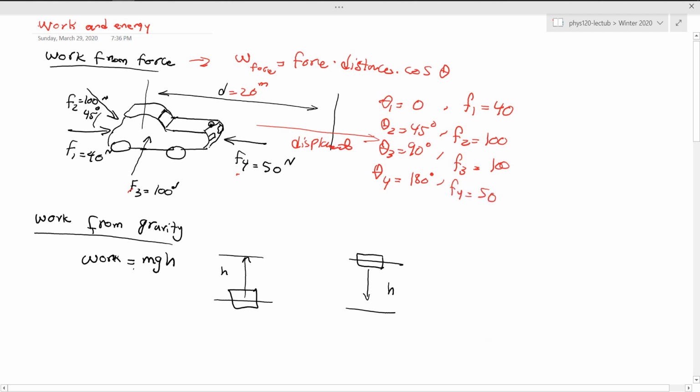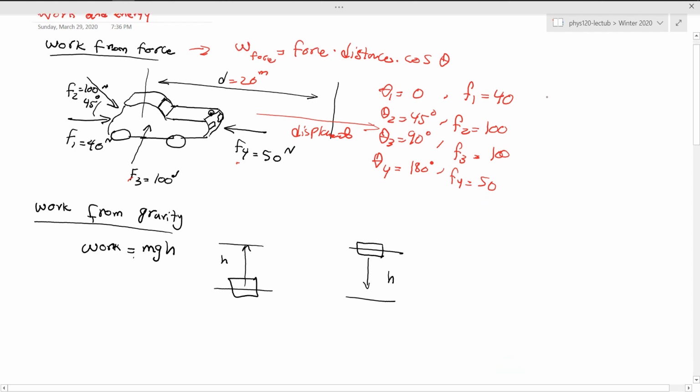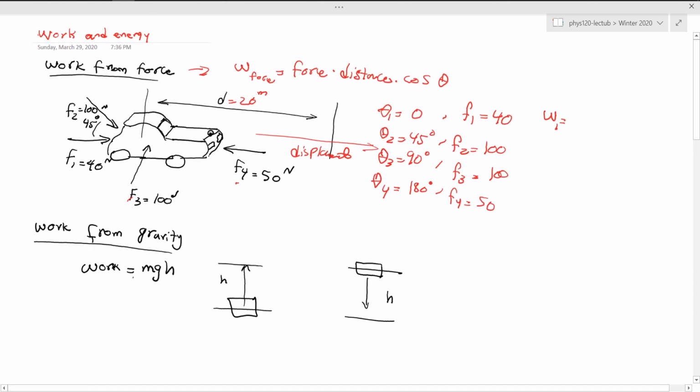The distance is the same for all of them. So I can say work from force 1, W1, is equal to F1, which is 40, times 20 times cosine of 0 degrees, which will simply be 800 joule.